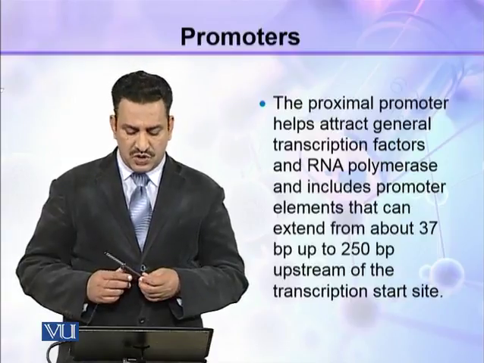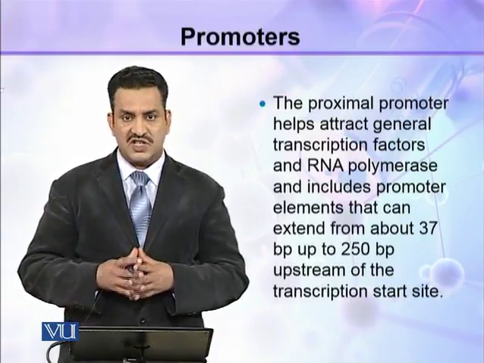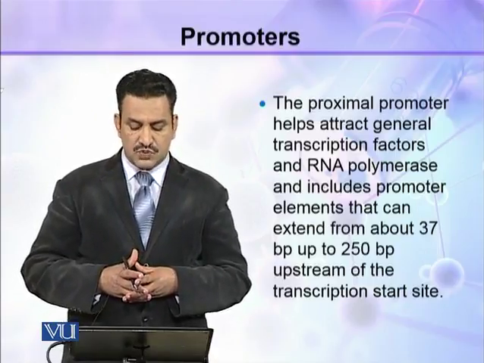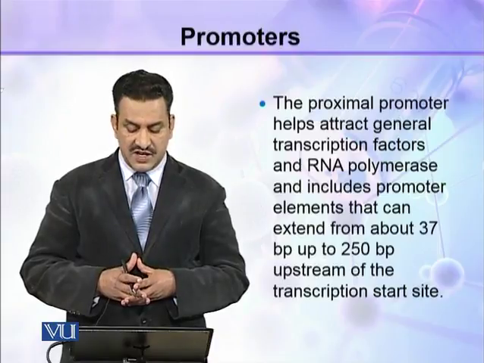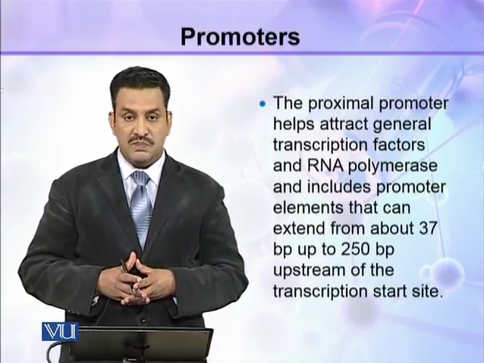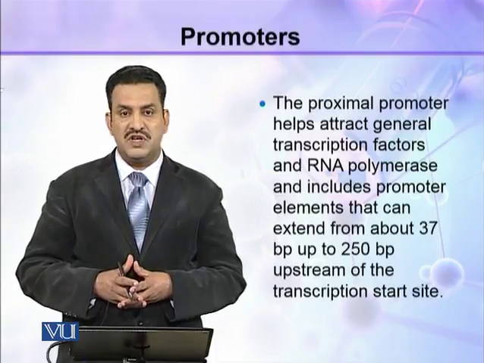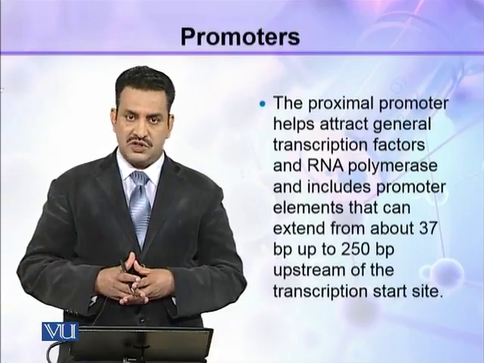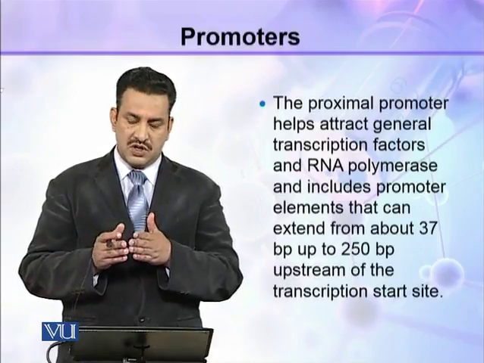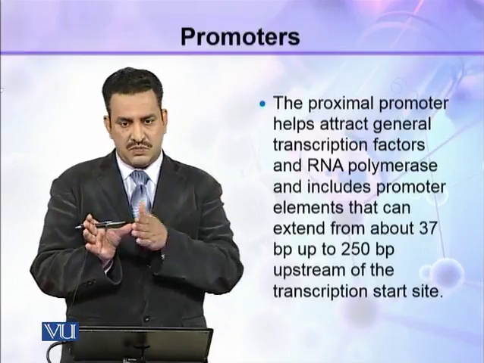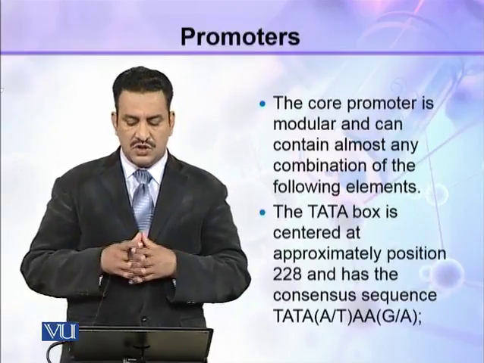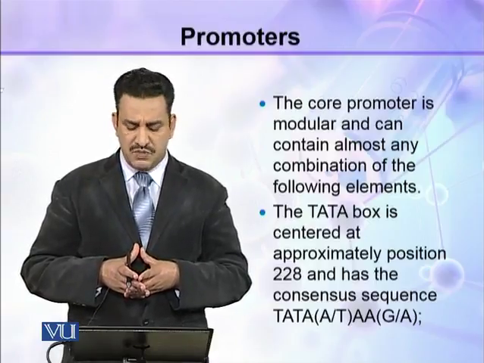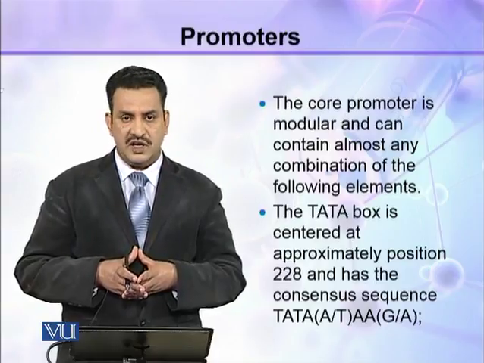The proximal promoter helps attract general transcription factors and RNA polymerase and includes promoter elements that can extend from about 37 base pairs up to 250 base pairs upstream of the transcription start site. So upstream means upstream of the transcriptional region.